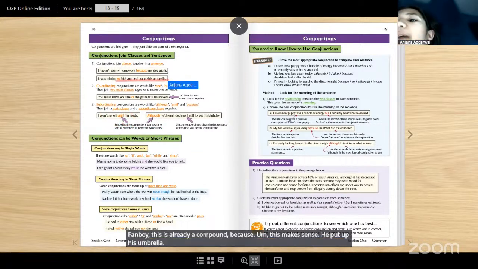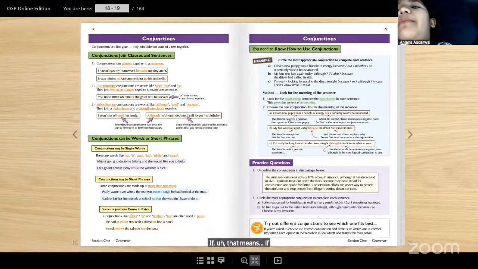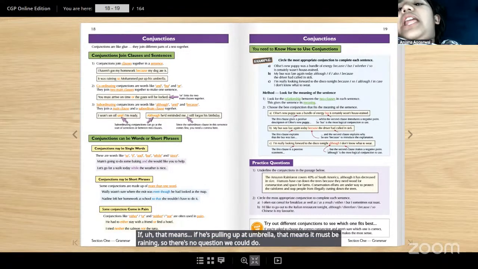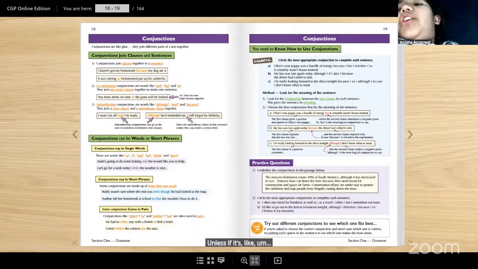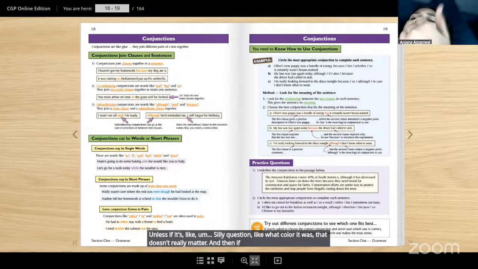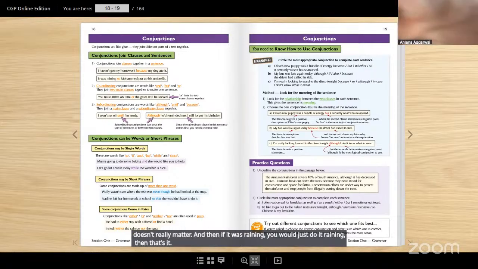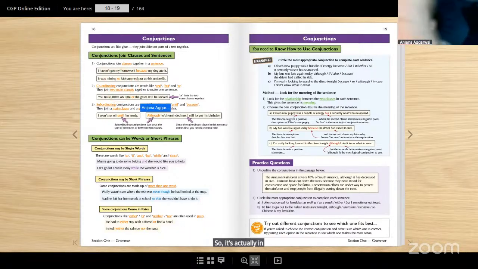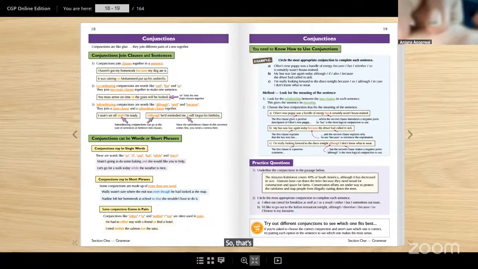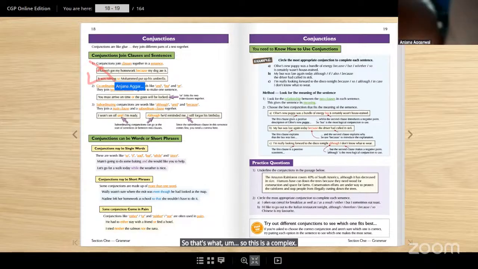If he's putting up his umbrella, it must be raining. There's no question we could ask, unless it's a silly question like what color it was. If it was raining, you would just say it's raining. Done. It's actually the FANBOYS conjunction "so" at the end, so this is not a complex.